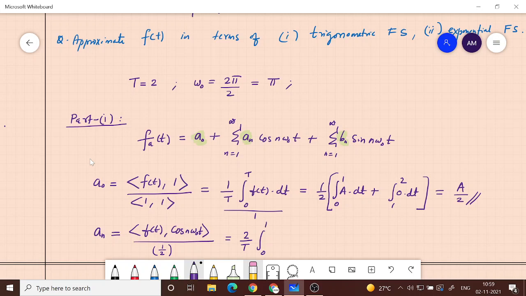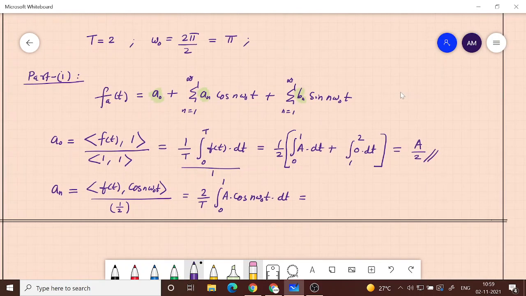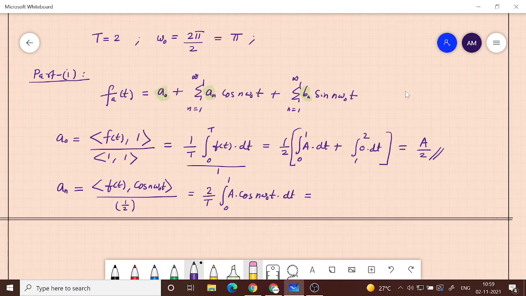So it is effectively 0 to 1, where it is A into cos n omega 0 t dt. So T is also known to us, so you can substitute T as 2.